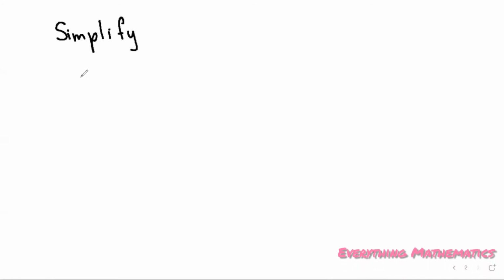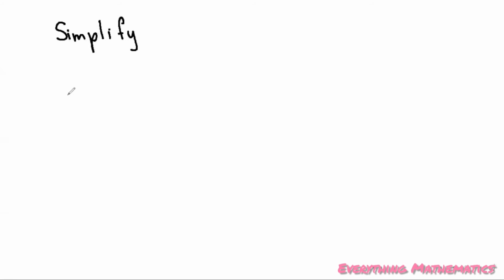Since we know yesterday's rule and today's rule, we could start getting a little more creative. So let us simplify. I don't want to solve, because if I wanted to solve, you'd get an answer. We're not solving, we just simplify. Sometimes you have to expand, sometimes you have to retract.